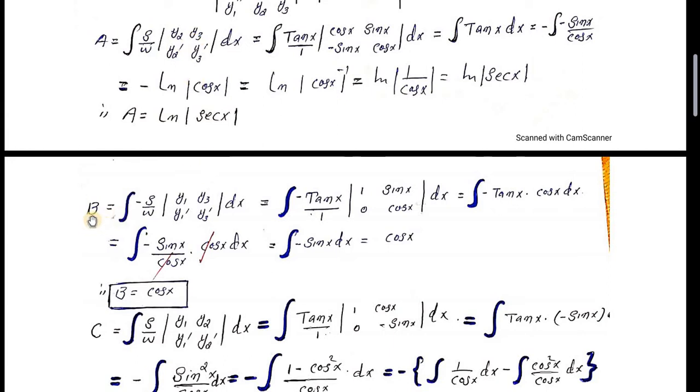Similarly, to find the value of B, we remember to put the negative sign, and we ignore the solution y2 which belongs to B, and we write the other two solutions y1, y3, and here we will have their derivatives.